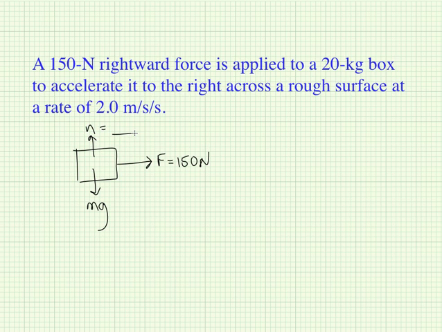Let's see if we can fill out the rest of these. I know I'm going to have a frictional force. We want the mass, which I believe we were given, 20 kilograms. And we were told that the acceleration is 2 meters per second squared. So we want to fill out the rest of these.